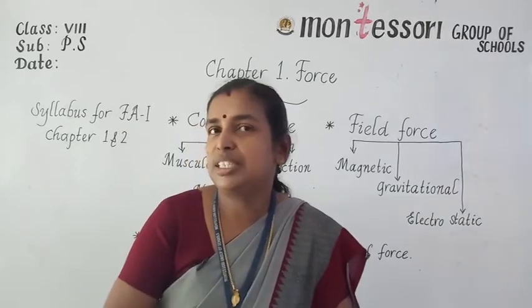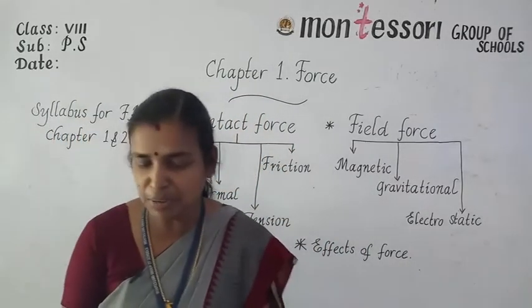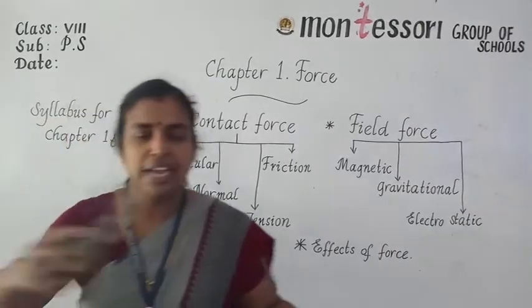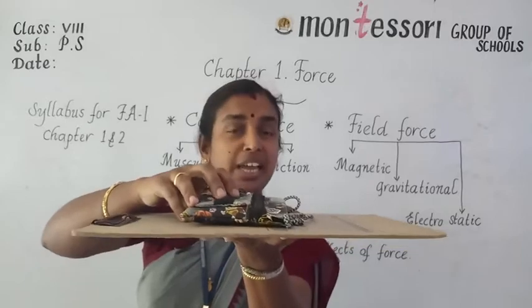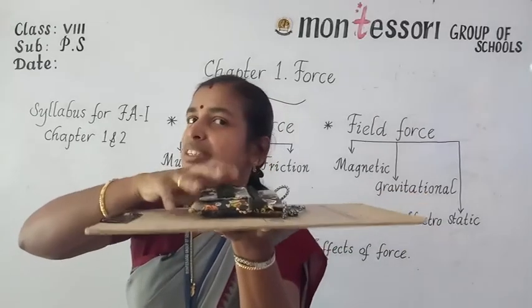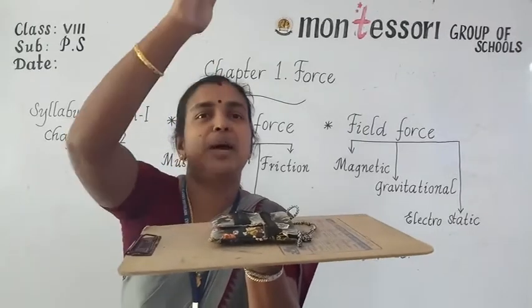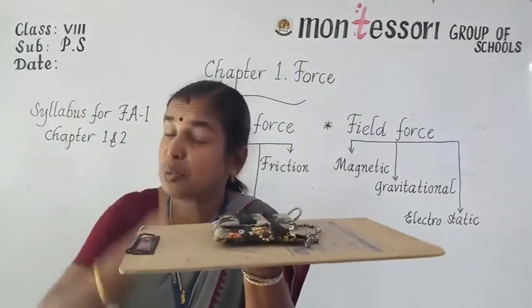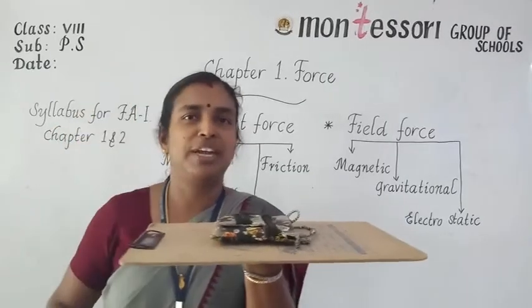Now let us discuss normal force. What is normal force? See, here I have an object on this table. This table will apply a force in the upward direction. As we know, gravity pulls every object downward, but the table will hold it upward.